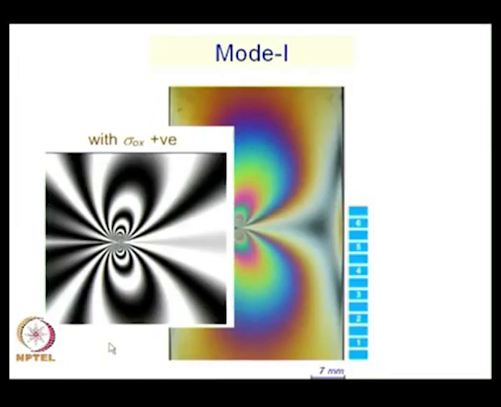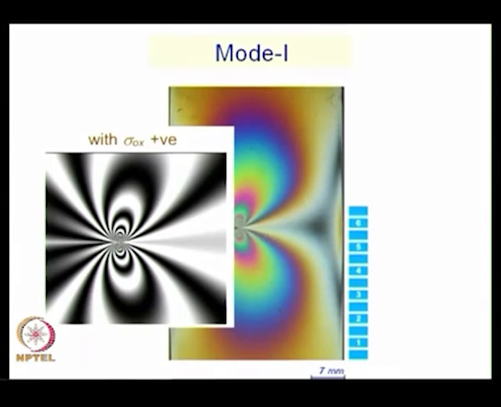When I say sigma naught x is positive, you are only talking about the minus outside, then that sigma naught x is positive. So, the net result will be minus of sigma naught x, and what you find here is the fringes are forward tilted and the tilt angle becomes 90 degrees as you go close to the crack tip, which compares very well with the experimental fringe pattern.